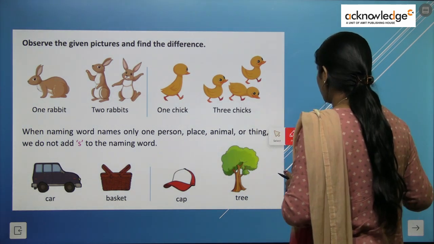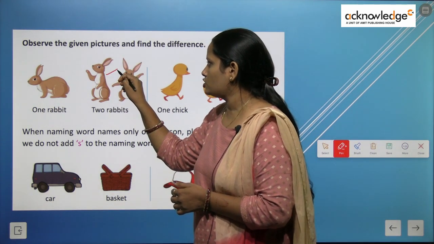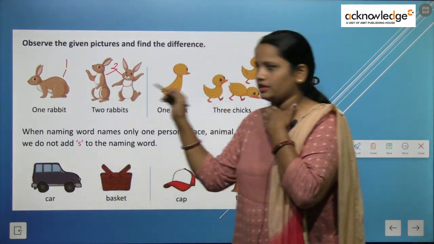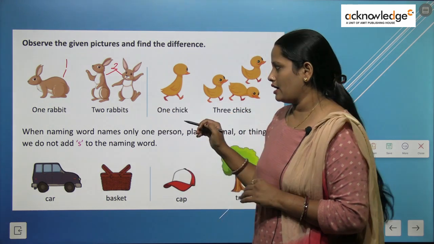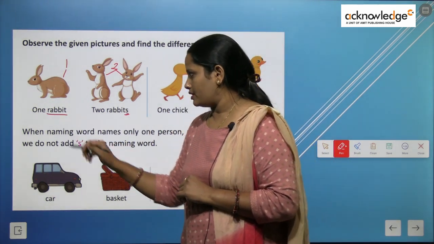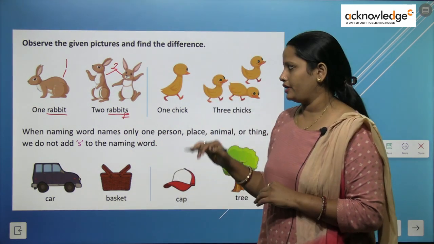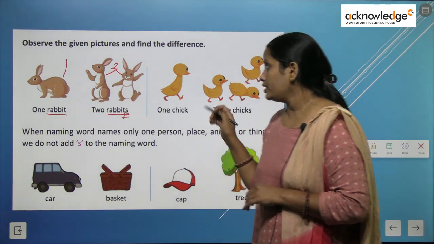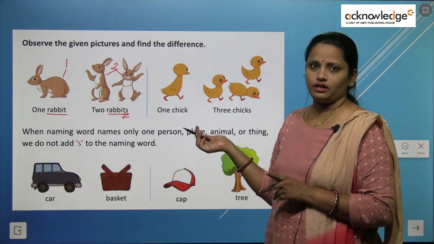But in the next picture, what we can see, there are two, 1 and 2. Here it is 1 and here there are 2. So, when it becomes 2, here we add S to the word rabbit, and it becomes rabbits. Next picture, here is one chick and it is walking.